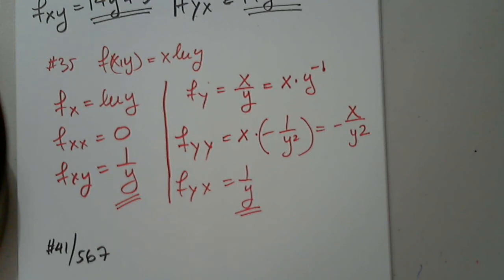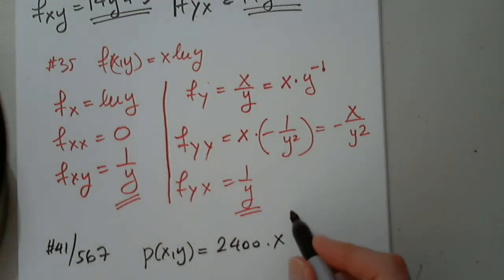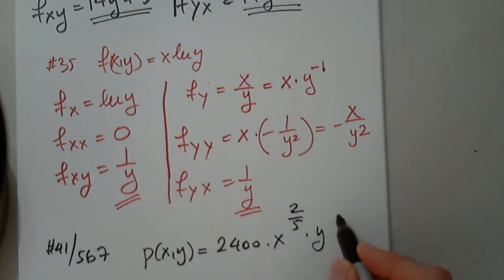Okay, so we have Lincolnville Sporting Goods has the following production function for a certain product. P of x comma y equals 2400 times x to the 2/5 times y to the 3/5.